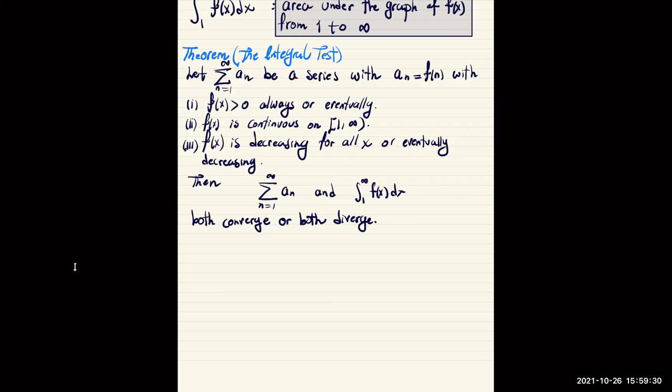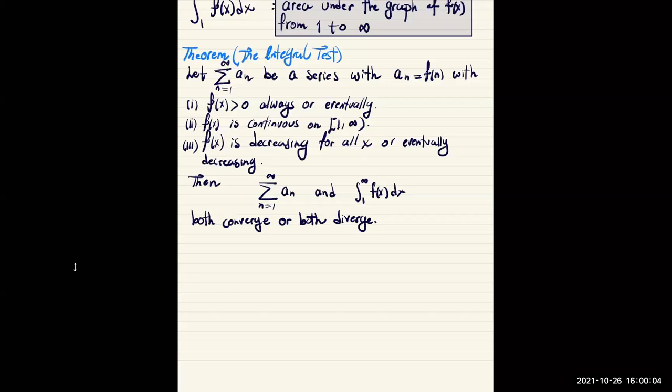Oh yeah, AJ, the sequence has to be eventually decreasing, meaning that at some point it starts becoming decreasing and stays decreasing forever for the rest of the series. Yeah, because we want to know what happens to the series as n goes to infinity. We do limits of partial sums.